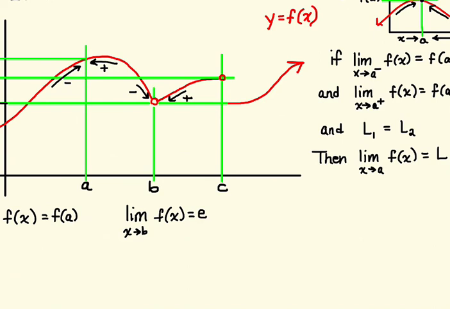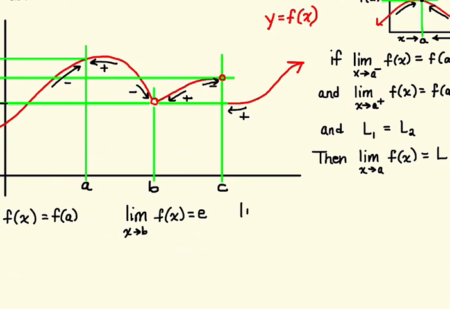Okay? Now, if we look at this next one, as x approaches c, we're approaching a height of d. It doesn't matter that the function doesn't exist. So, as x approaches c from the left-hand side, the left-hand limit exists, and it's d. As x approaches c from the right-hand side, it approaches a height of e. The right-hand limit exists. However, the left and the right-hand limits are not the same. They both exist, but they're not the same.